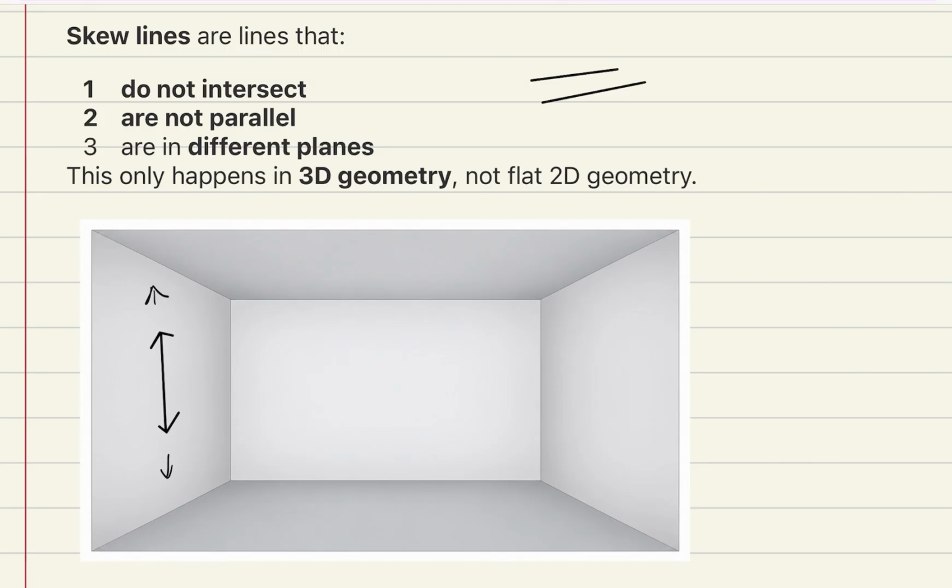So you see this line, and then let's say we have another line here. You can see this is what you call a skew line, because it can move in that direction infinitely. Now just ignore this.